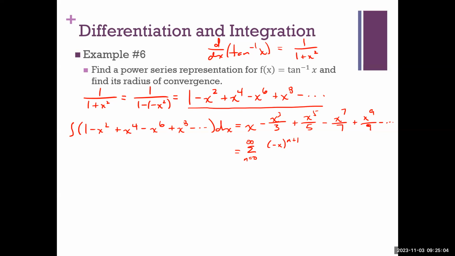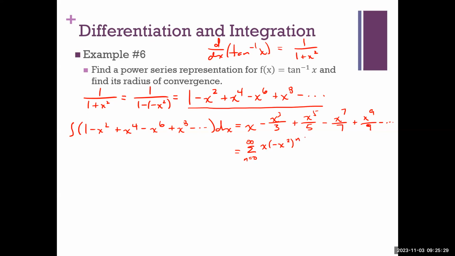Are we able to do what we did before, the negative x squared to the n, and then just multiply that term by x? Say that again. I'm not sure I followed. Like have x times negative x squared to the n. Okay.